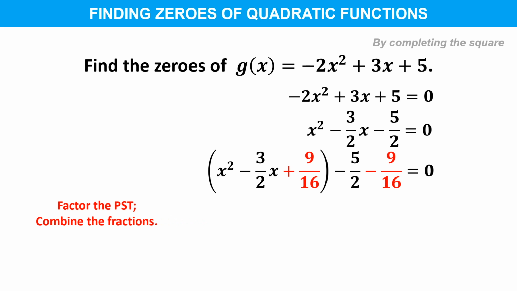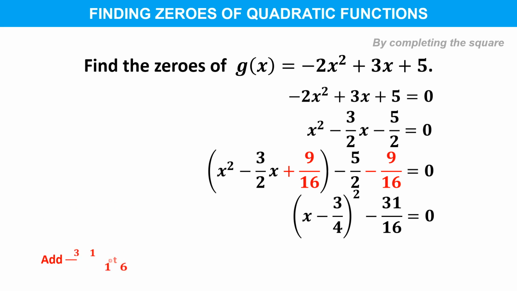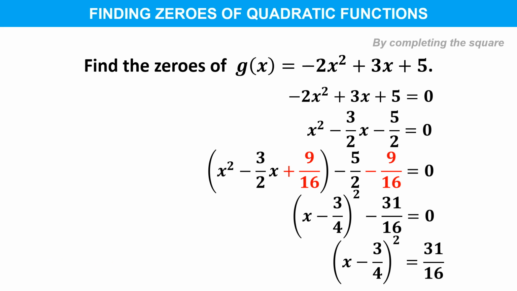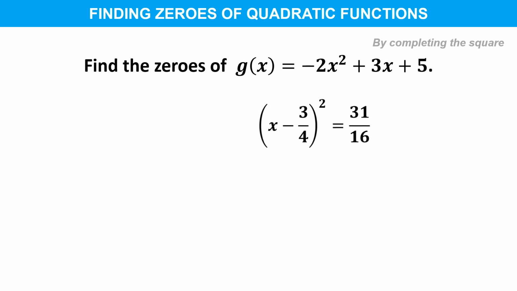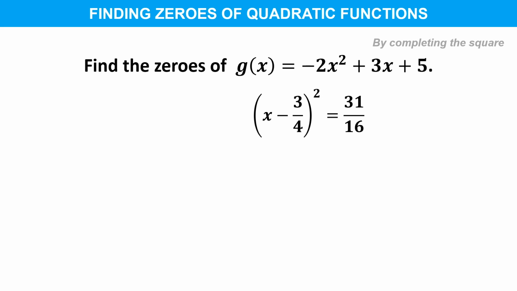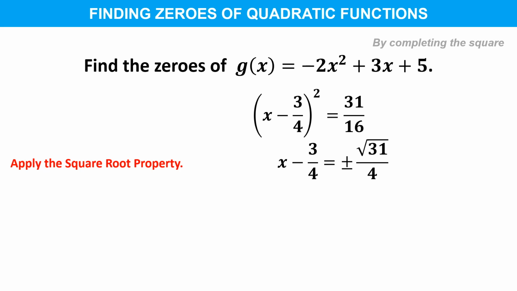Factor the PST and then combine the fractions. Add 31 over 16 to both sides. Apply the square root property. Then solve for x.